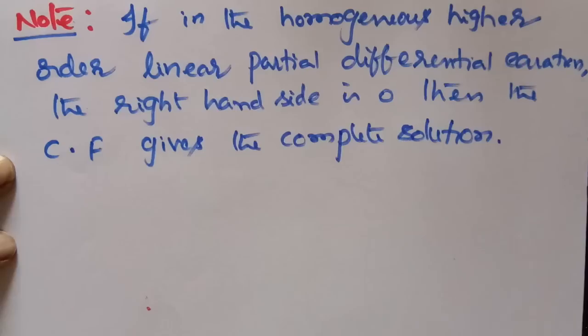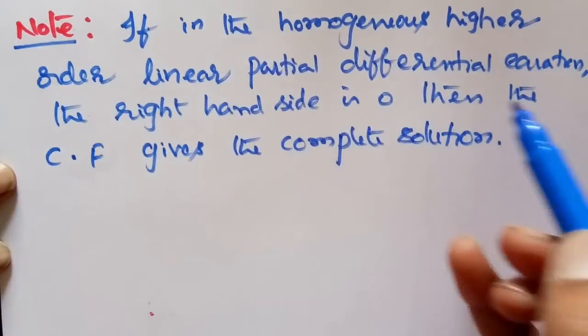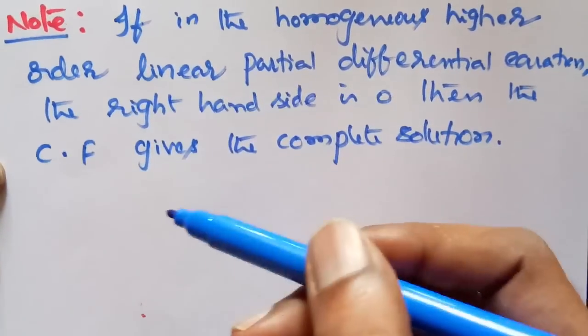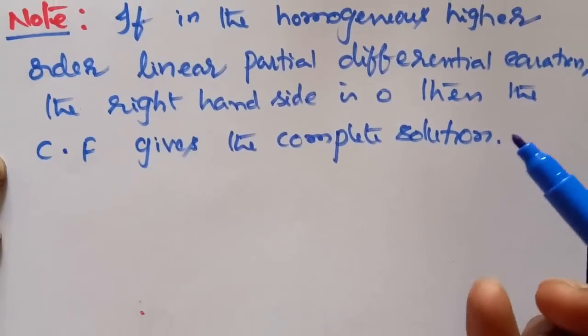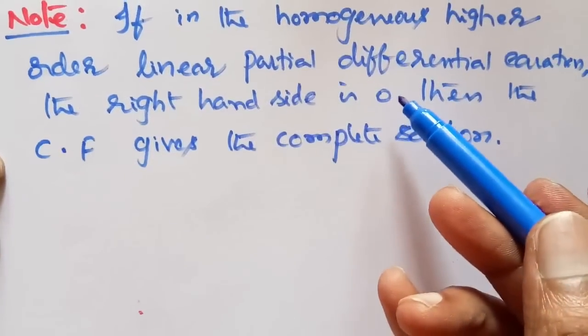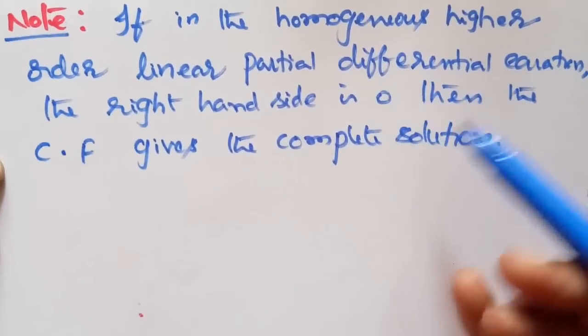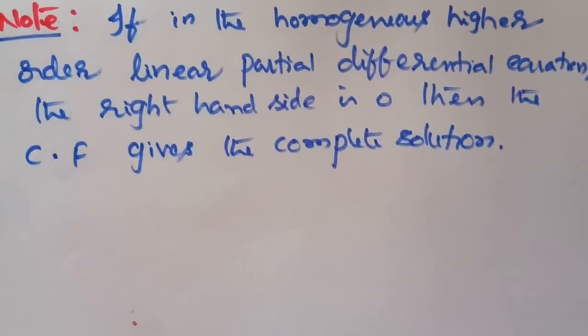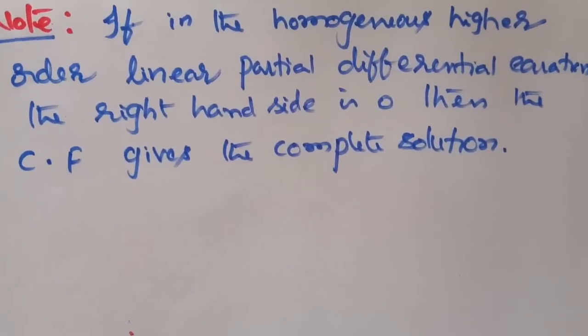So in the homogeneous higher order linear partial differential equation, the right hand side is 0, so the complementary function only gives the complete solution, because the particular integral is 0: the right hand side is 0, so 0 by denominator becomes 0. Therefore the complementary function gives the complete solution.